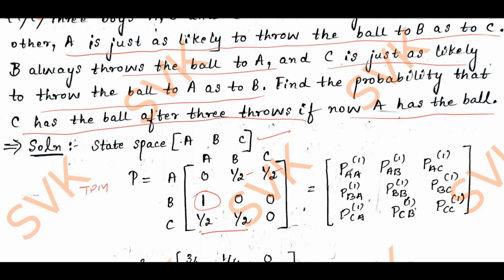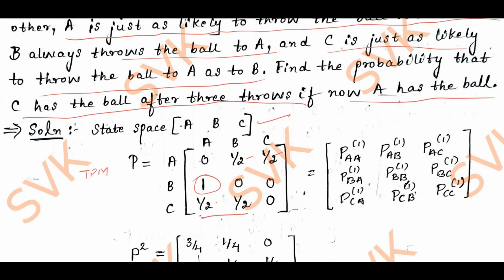And how can this be written? A throwing the ball to A itself is denoted by PAA, then PAB, PAC, and so on until PCC. Now I need to find out what happens after three throws, which means I need to find P cubed first.